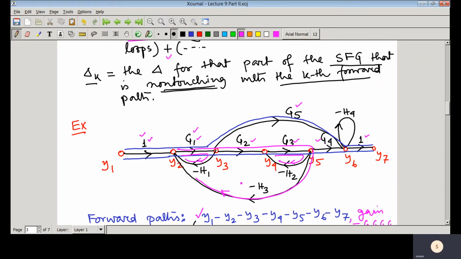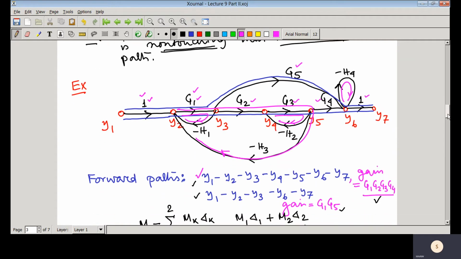Then 3 loops. We have another loop here. So 4 loops. Is there any other loop? So we have 4 loops.